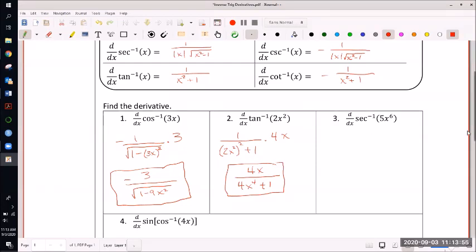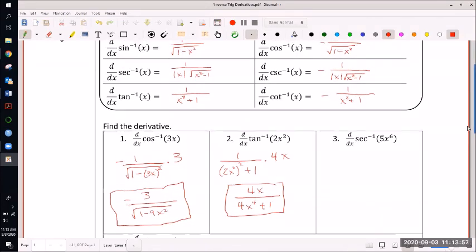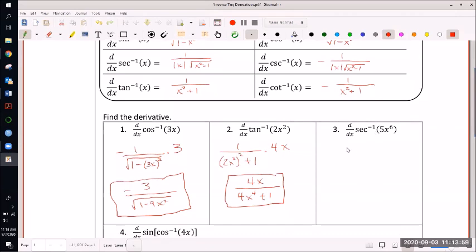For this inverse secant, again, chain rule, we do 1 over the absolute value of 5x to the 6th times the square root of 5x to the 6th squared minus 1.